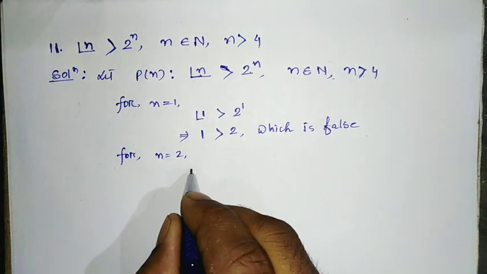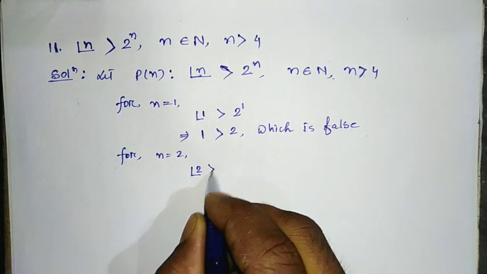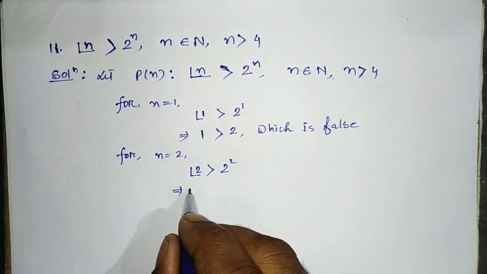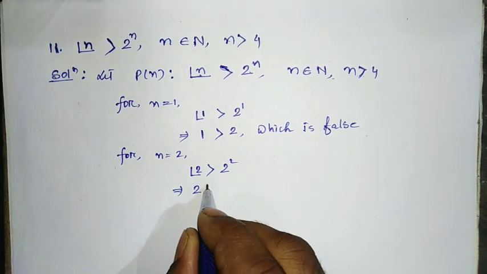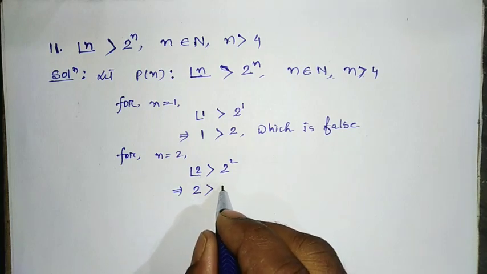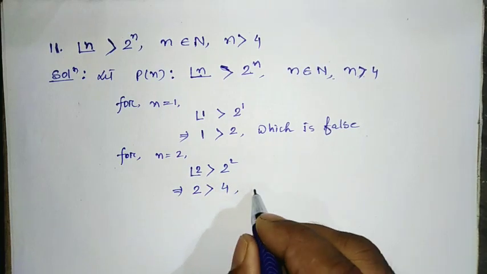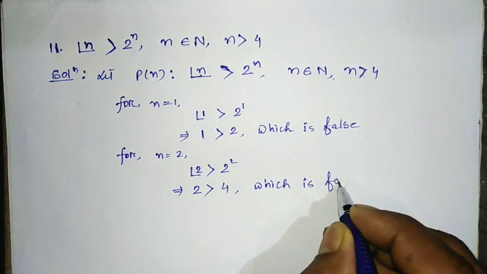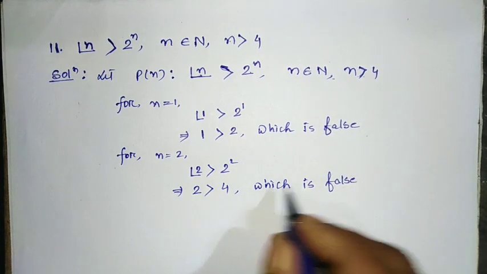So for n equal to 2, factorial 2 greater than 2 to the power 2. Let's see, is it true or false? Factorial 2 means 2 into 1, that is 2, and 2 to the 2 means 4, which is false. So when it will be true, then we will assume.